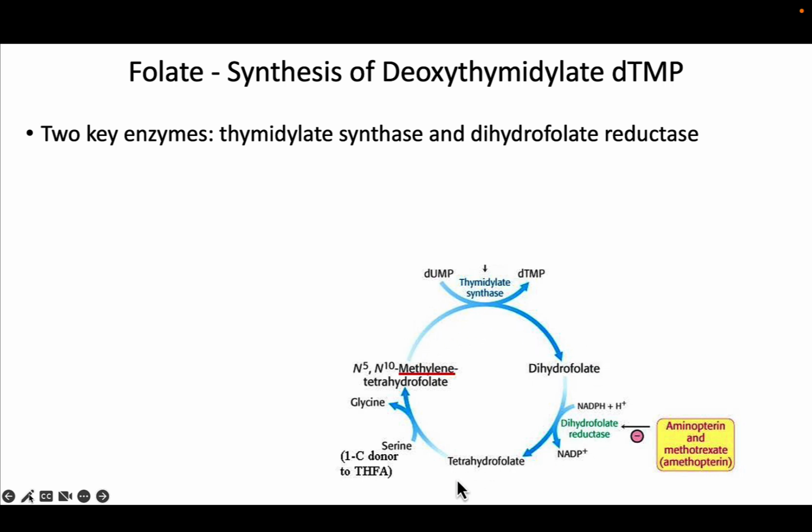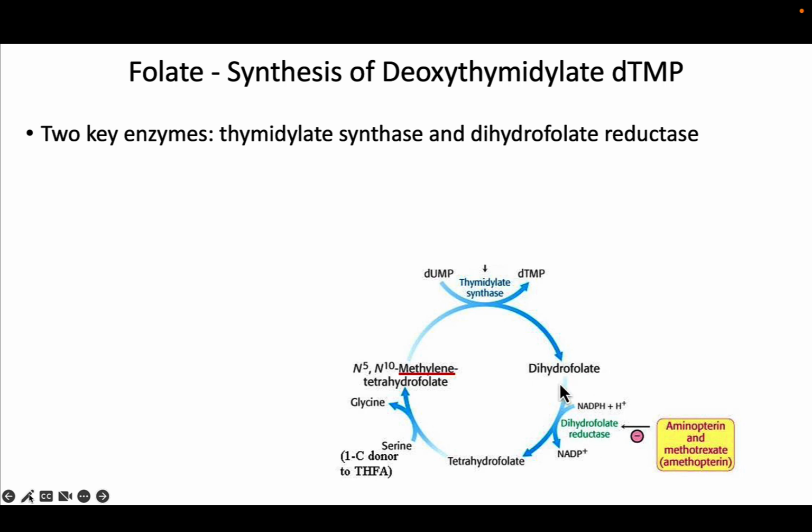So this recycling of the different forms of folate is then tied to producing DNA bases up here, so taking uracil and turning it into thymine, these become important. And one of the main leukemia drugs is methotrexate, and it inhibits the dihydrofolate reductase enzyme.